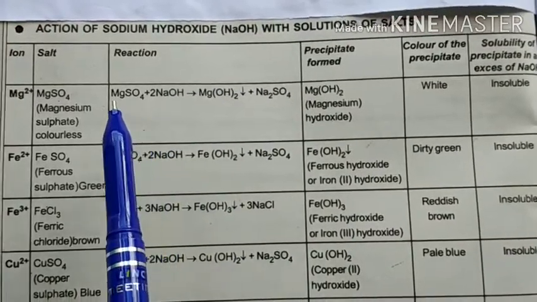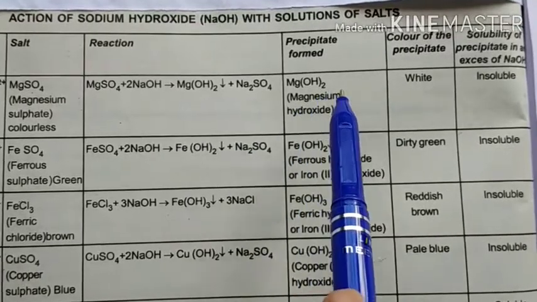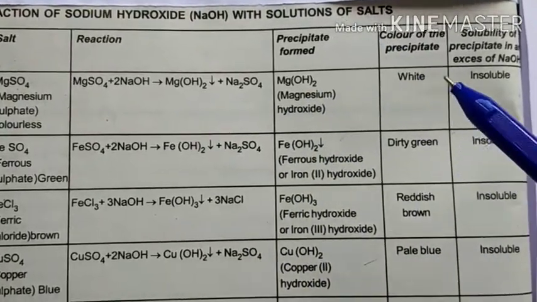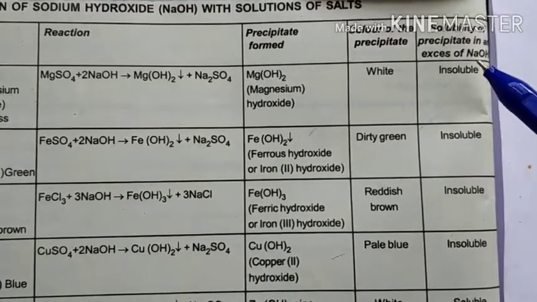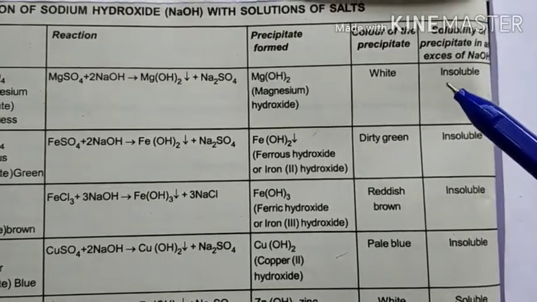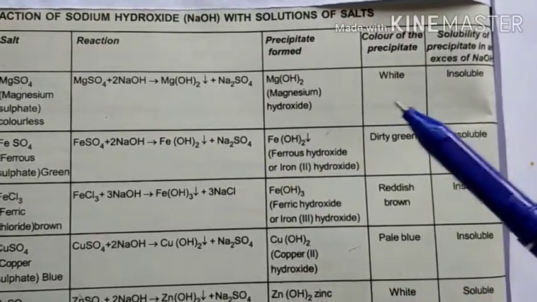You can see magnesium forms magnesium hydroxide. A precipitate of magnesium hydroxide is formed, which is white, and on addition of excess NaOH it still remains insoluble.